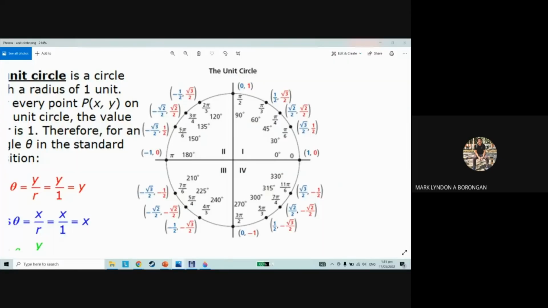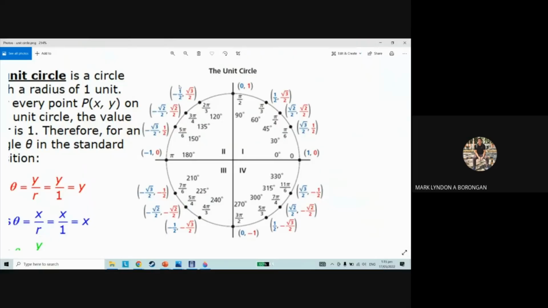From 0 to pi over 2, so it's in the first quadrant only. Again, among the choices, the only solution with tangent of x equal to 1 is pi over 4.